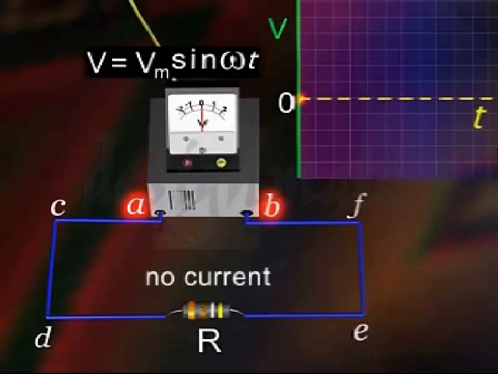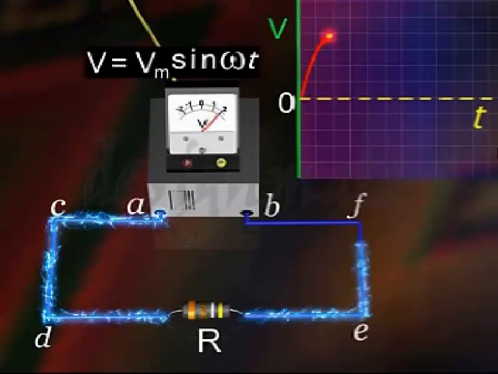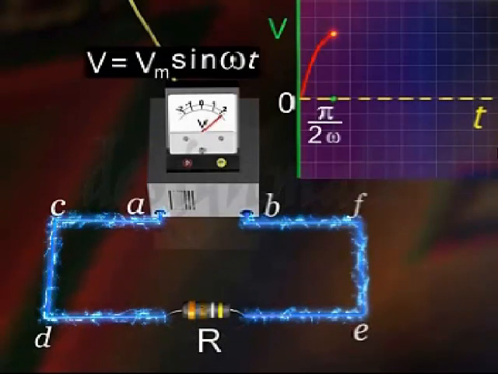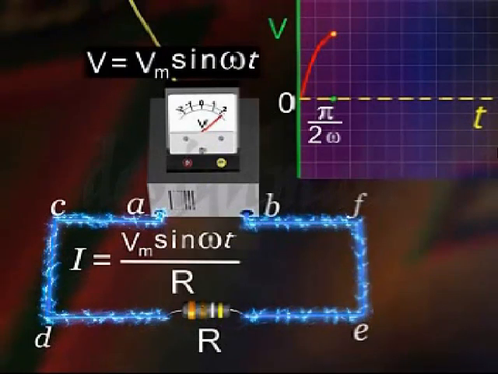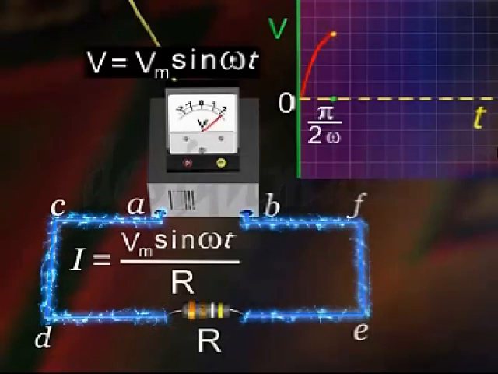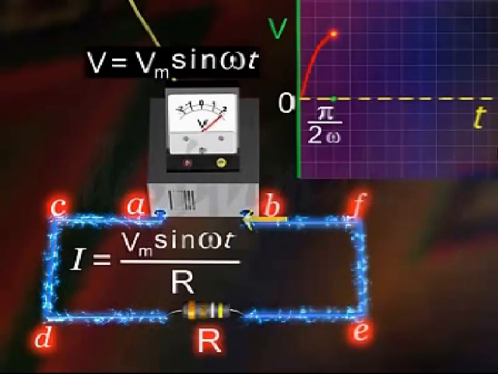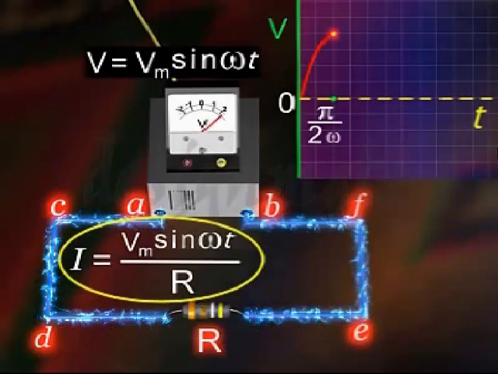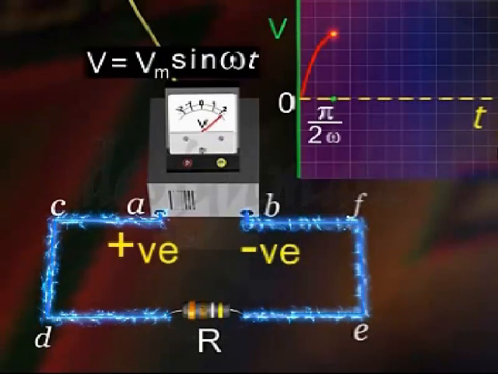So, no current flows through the resistance R. Now, as the voltage increases with time from t equal to 0 to t equal to pi upon 2 omega, a current I equal to Vm sin omega t upon R flows along the direction A, C, D, R, E, F, B, with its magnitude changing with time as given by the above expression, with the terminal A becoming positive with respect to B.